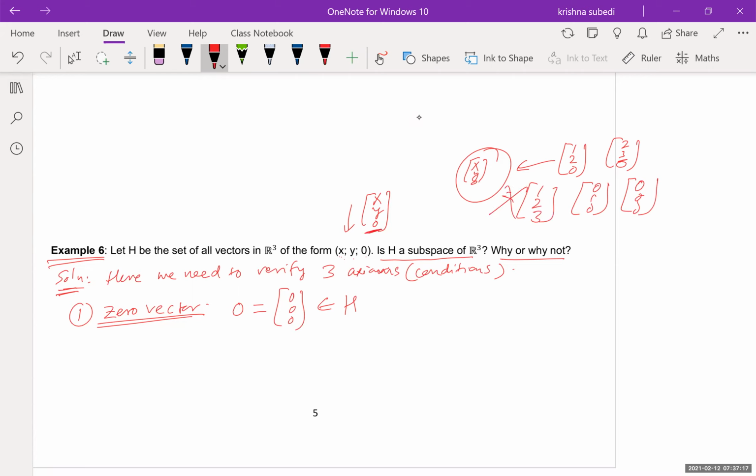So you cannot substitute 0 by any other number. But x and y can be substituted by any value. So 0 belongs to H, if we suppose x equal to 0 and y equal to 0. So clearly 0 is in H. Second condition, let's say addition, closed under addition.